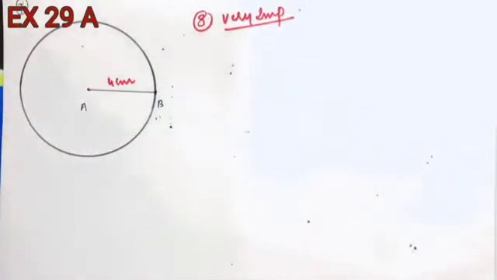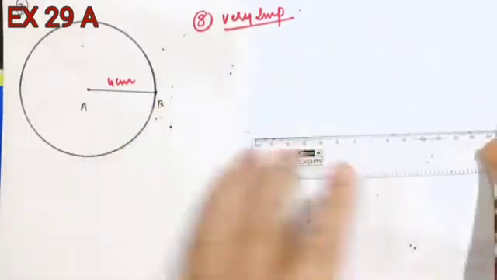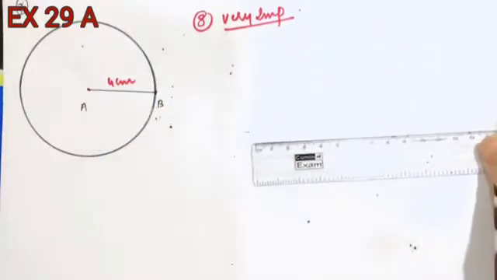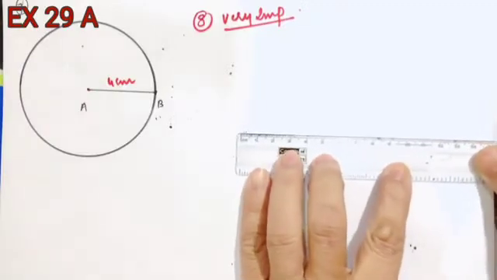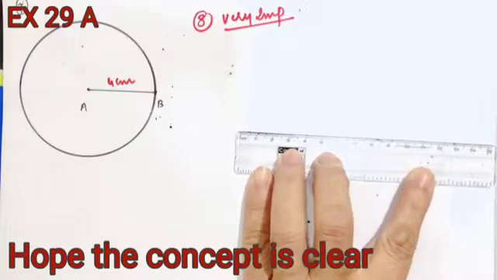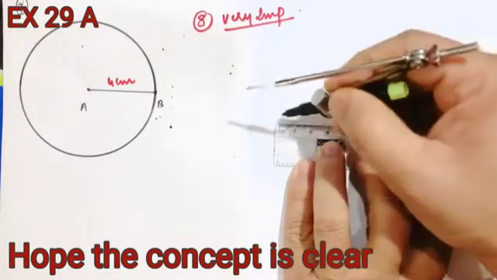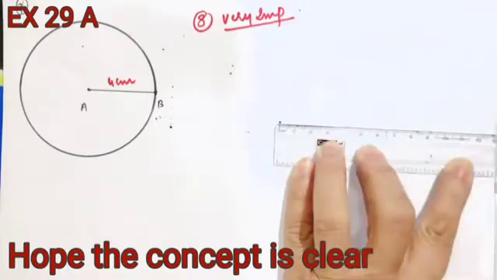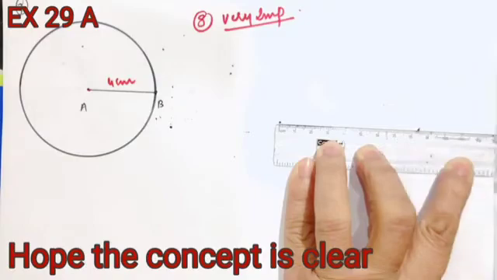Draw a line AB as 8.4 centimeter. Let me draw a line 8.4 centimeter. Here is 0 and here is 8.4. This is my 8.4 centimeter.